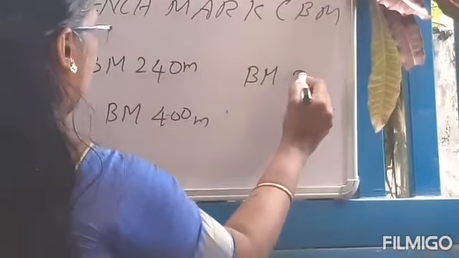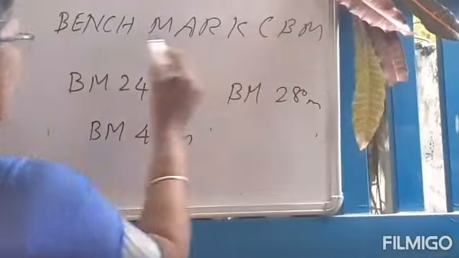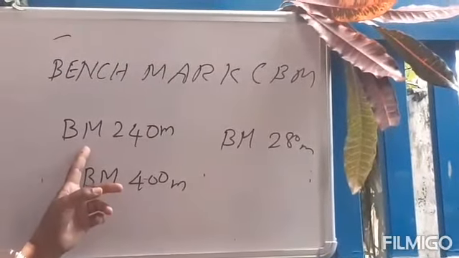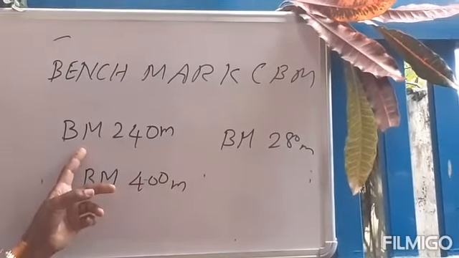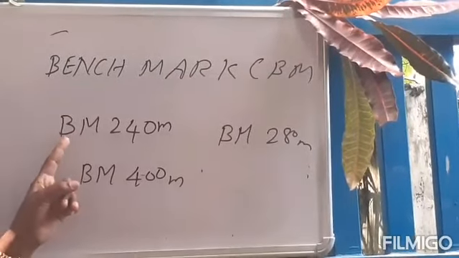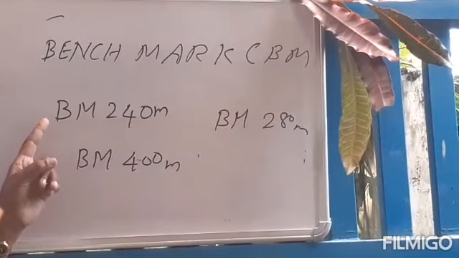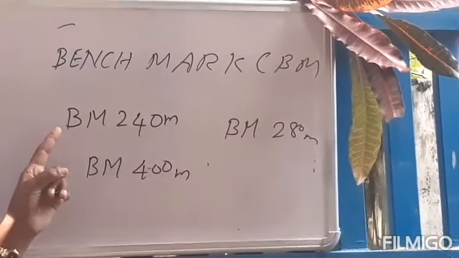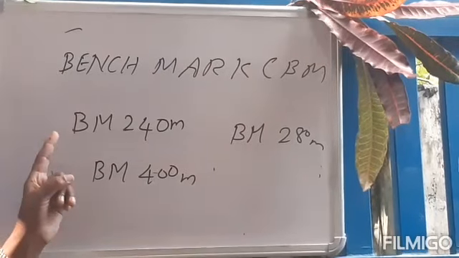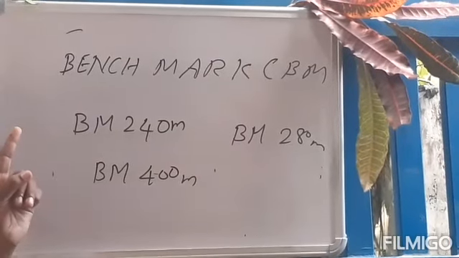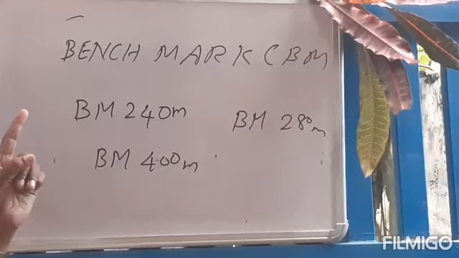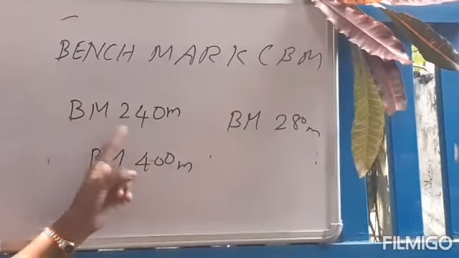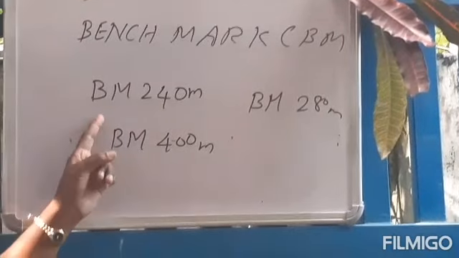BM 280 meter. All these represent benchmarks. BM stands for benchmark. A benchmark represents the height of a place which is determined after an accurate survey of the land. A benchmark is a permanent survey mark, represented by BM plus a few digits, like BM 240.